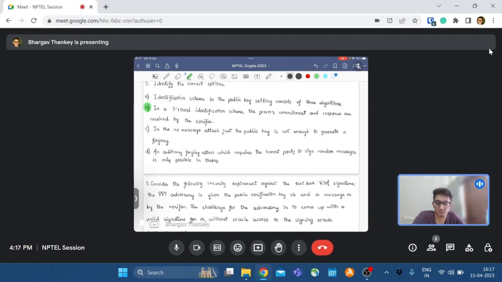Consider this situation. Let's say there are two parties, A and B, and A sends messages to another party C, and A knows for a fact that B is intercepting these messages and trying to decrypt them.